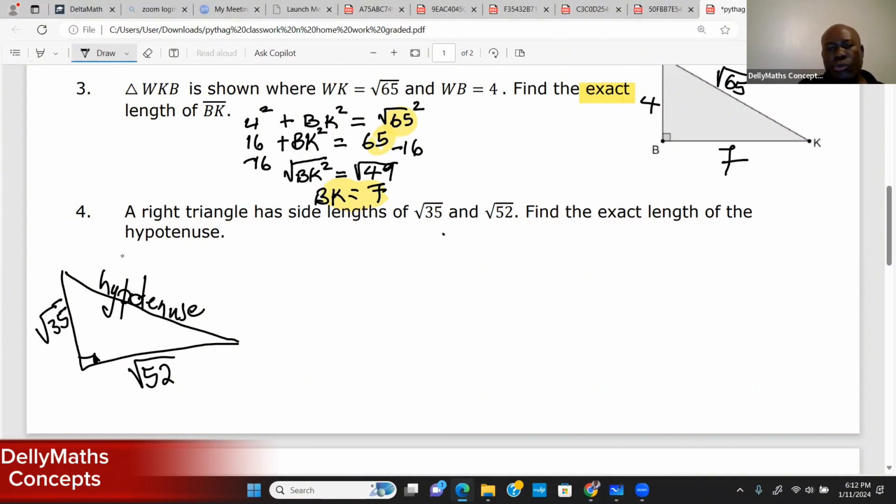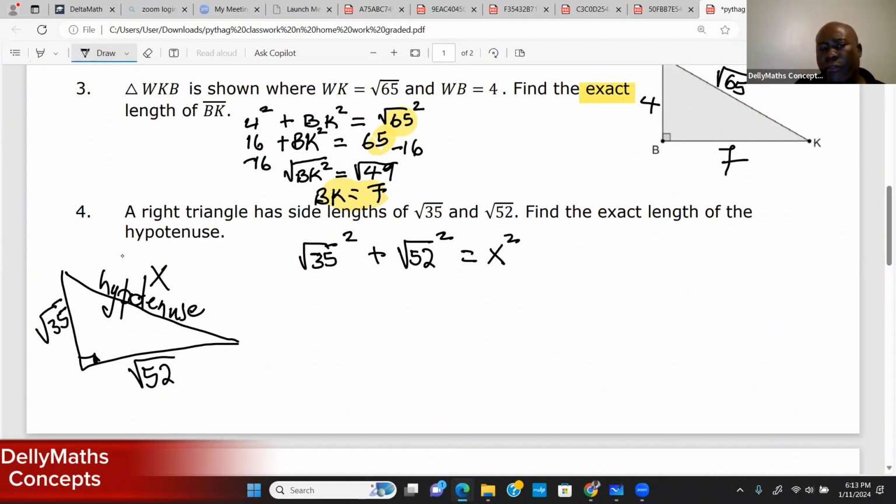From this, we're going to do some working. Let us say I call the hypotenuse side x for labeling sake. Then the root of 35 squared plus the root of 52 squared is equal to x squared. Remember that the sum of the squares of the two shorter sides is always equal to the square of the longest side.